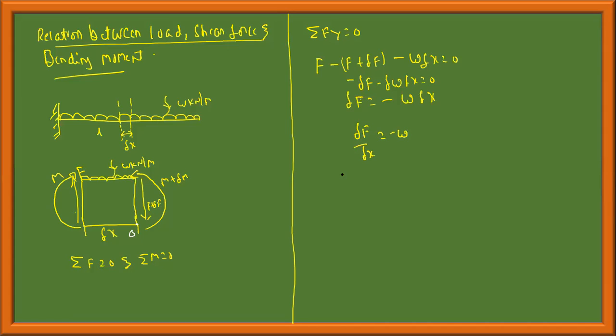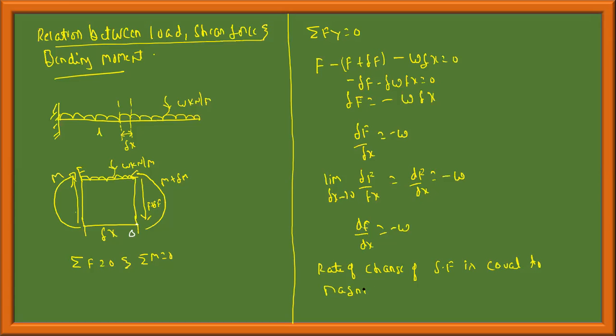We know from mathematics, when we study limits and continuity, that as delta x tends to 0, delta F by delta x becomes dF by dx, which is equal to minus W. So it means that the rate of change of shear force is equal to the magnitude of load, or you can say that the slope of shear force diagram is equal to the magnitude of load.